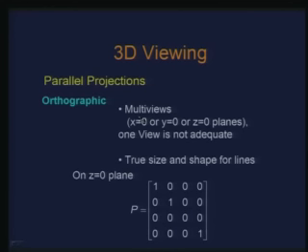So, I require planes like x equal to 0 or y equal to 0 or z equal to 0, which generate a number of views where I can view the three dimensional object. And we also know that using orthographic projection, size and shape do not change. So, the true lengths are preserved.